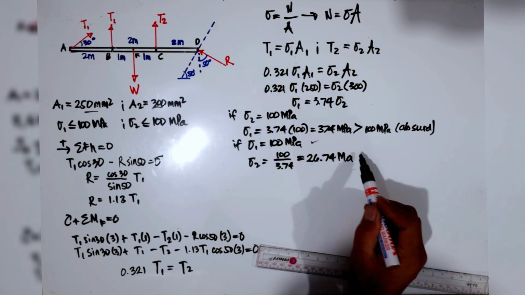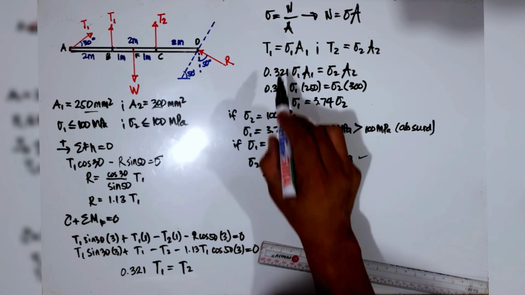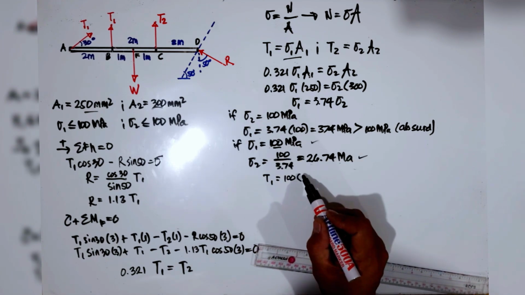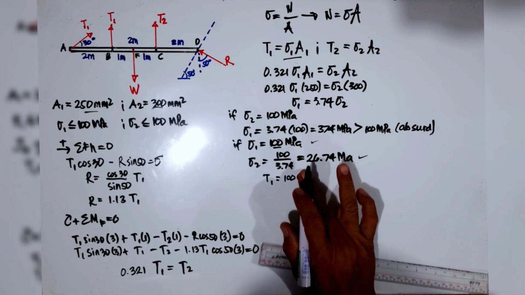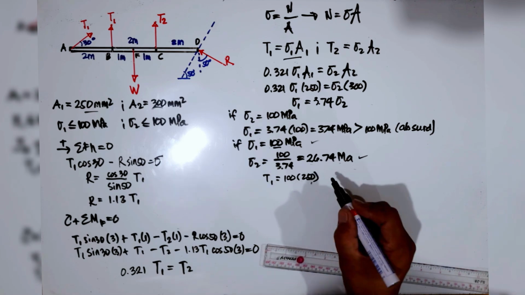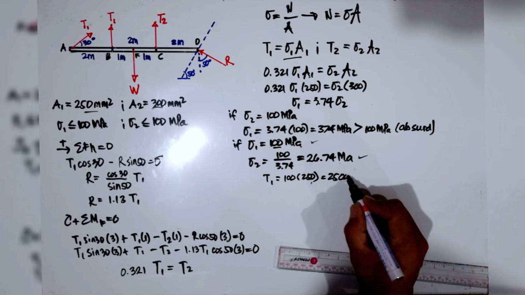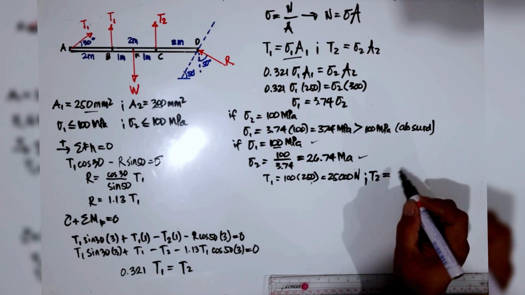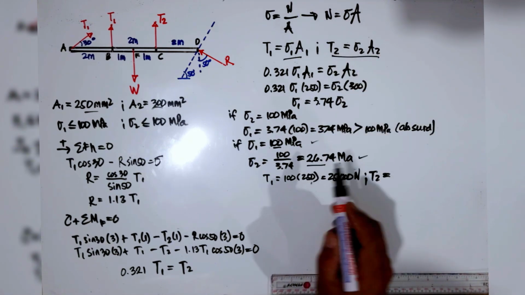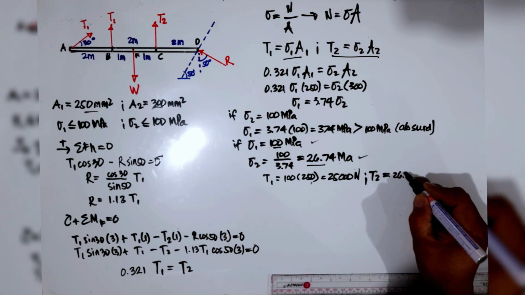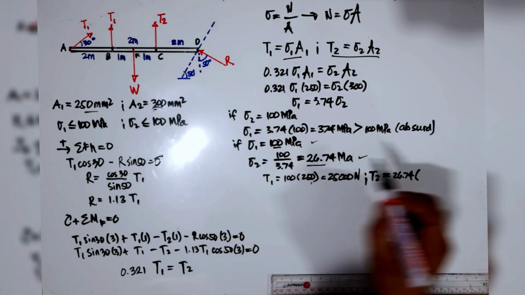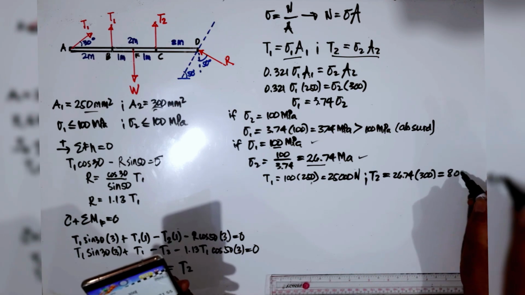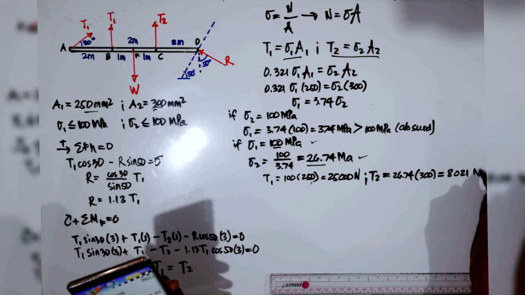So with these values, our T sub 1 from here is 100, which is this one, times the area of 250, so that's 25,000 newtons. Okay, and T sub 2, which is this one, is this stress, sigma 2, 26.74, multiplied by area 300 is 8,021 newtons.